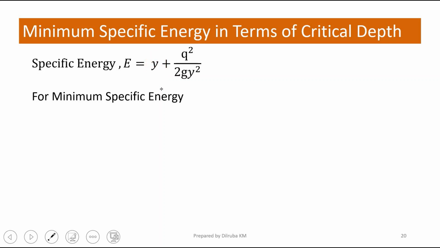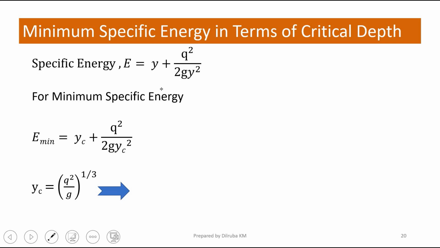So for minimum specific energy, the equation is E minimum is equal to Yc plus q squared by 2g Yc squared. We know the equation for critical depth, that is Yc is equal to (q squared by g) whole raised to 1 by 3. When I take the cube of both sides, the equation becomes Yc cube is equal to q squared by g.